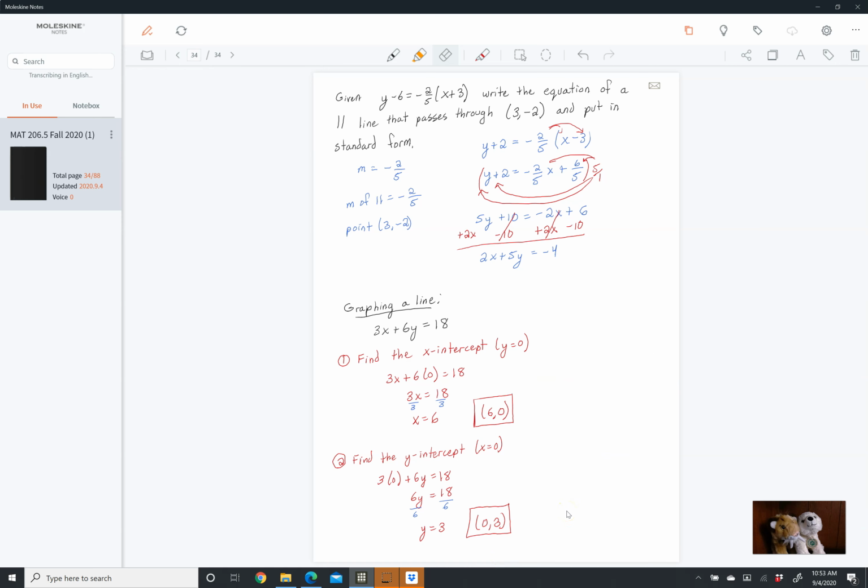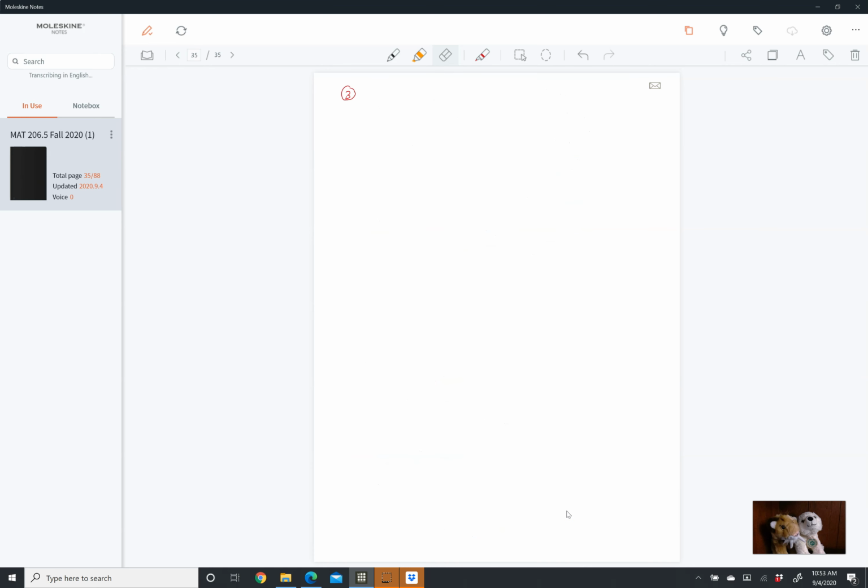Now we're going to graph the 2 points. Remember, one of the points is going to be on the x-axis and one of the points is going to be on the y-axis. So we're graphing. Now a sketch, when it says sketch, it means that it has to have some accuracy.